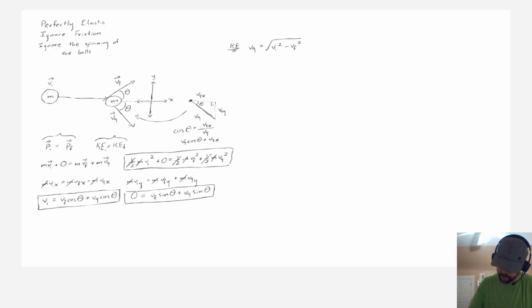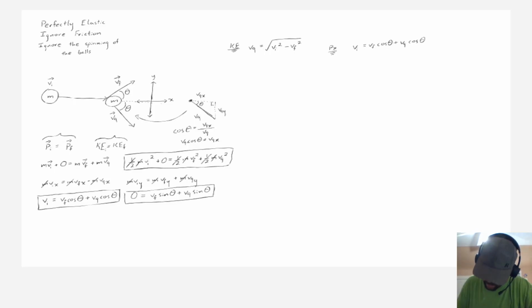This would be momentum x, and we have v initial equals v final cosine theta plus v9 cosine of theta.